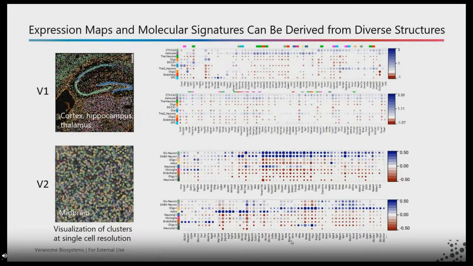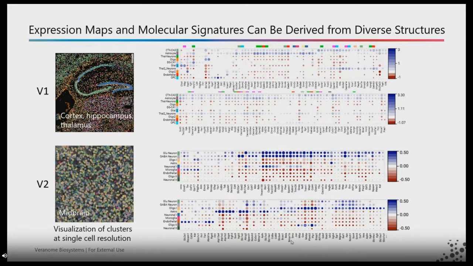One of the powerful things that I think the system provides is the ability to generate molecular signatures and beautiful expression maps from a variety of structures that are quite diverse across the brain, including hippocampus, the cortex, which is quite layered, as well as midbrain, hindbrain, and other regions in the mouse CNS that are much less structured, but have underlying structure of the nuclei, and we'll see some examples in a minute here.